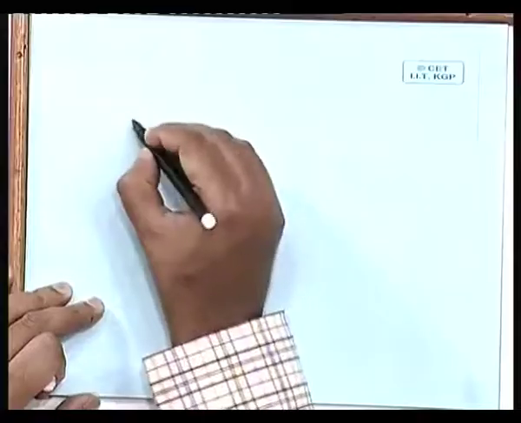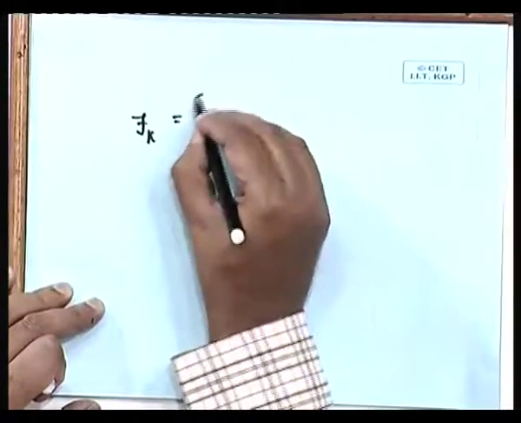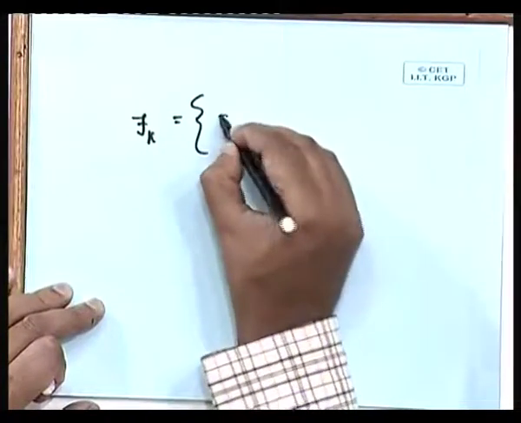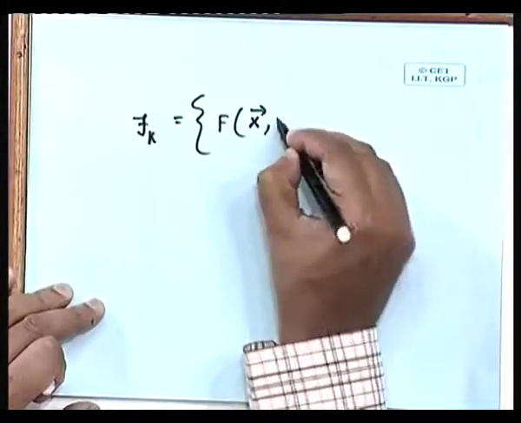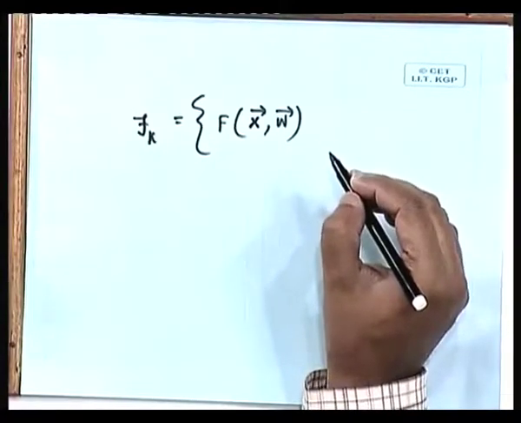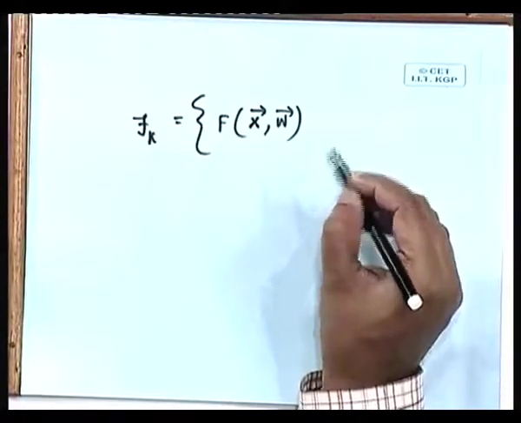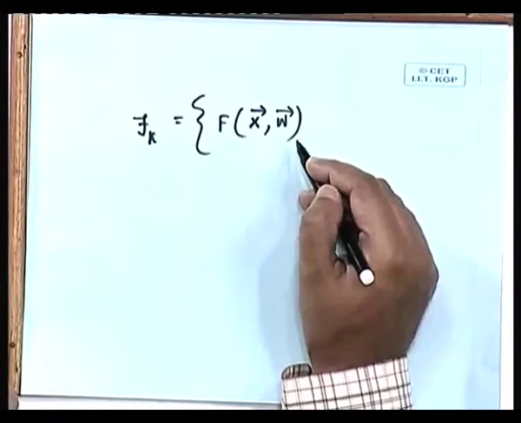So I am going to represent this nested class of classifiers as a set Fk, where this set will be defined as the set of f(x vector, w vector). X vector, w vector means it is the neural network realization, x vector being the input, w vector being its free parameters.